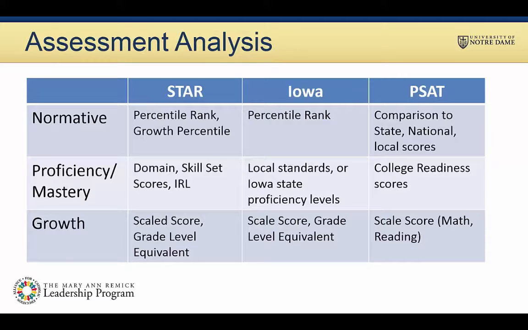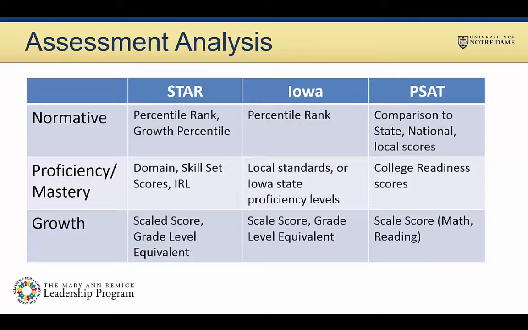So in the case of the Iowa assessments, you have to do a little more digging to get at proficiency and mastery than you would with, say, the STAR assessments or the NWEA MAP assessments. And then the PSAT has the college readiness scores, or predicted SAT scores, which are related to college readiness. And so here you have, again, perhaps a couple of steps to go to get at a sense of proficiency and mastery. But the pieces are there to be manipulated to find those.